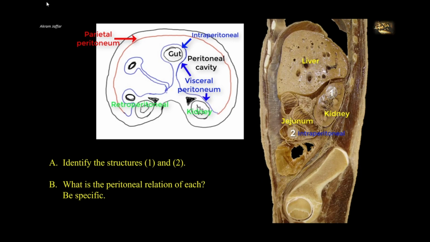The kidney, which is shown here in number 1, is therefore a retroperitoneal structure, but it is called a primary retroperitoneal structure because a retroperitoneal organ such as the kidney, ureter, suprarenal gland, they protrude into the peritoneal cavity and they remain in this position in the adult.